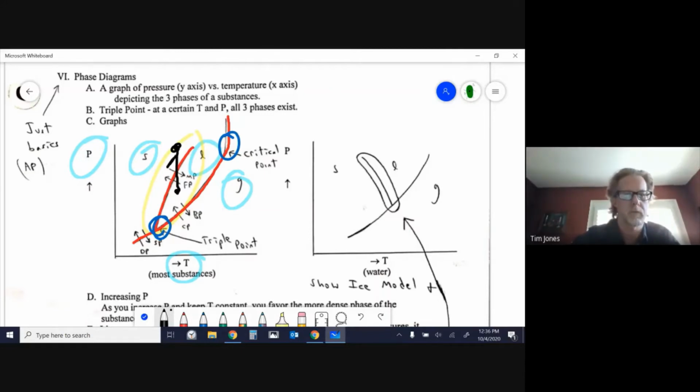If we go this direction, water is different. If you take water, let's say solid right here, and you increase the pressure on it, you go like this, and you actually can turn it into liquid.